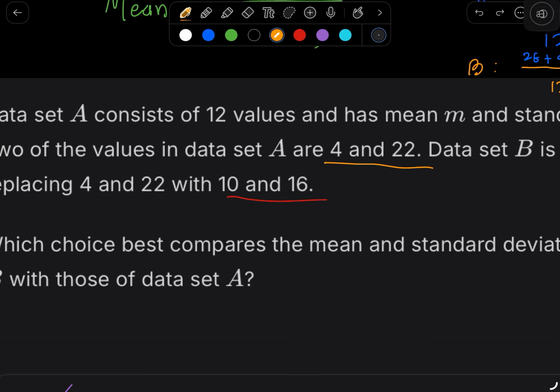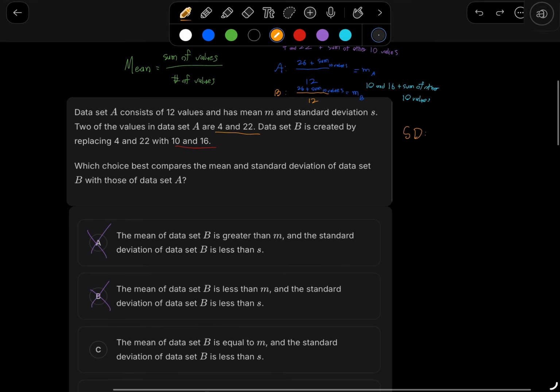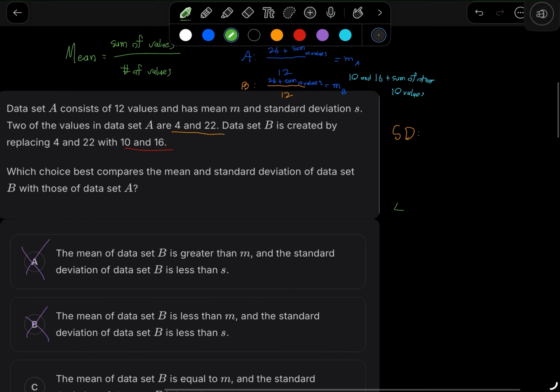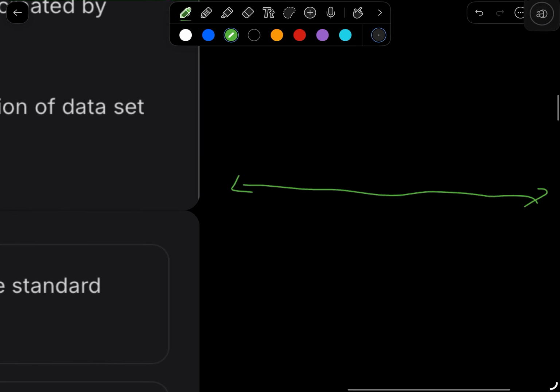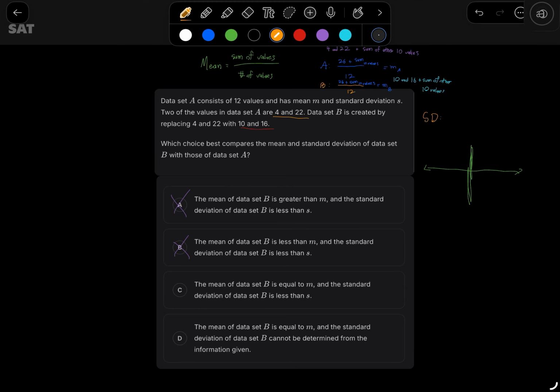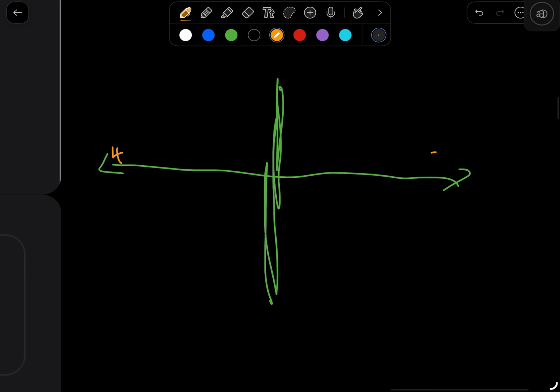One way you can think of that is if you represent these values on a number line, and let's call this the center, or the middle ground. 4 and 22 might be here, but 10 and 16 are closer to the middle.